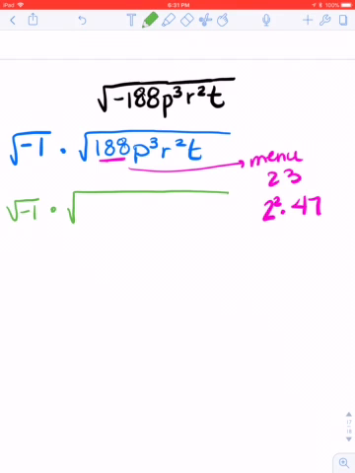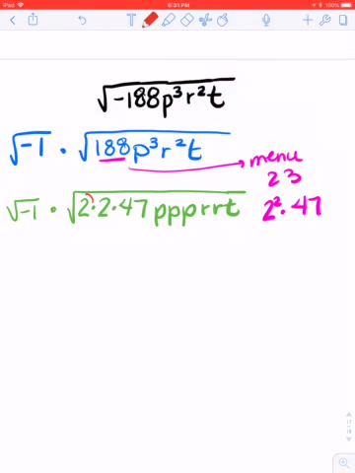So the 188 is going to be 2 to the second, so 2 times 2, and then the 47. And then I'm going to take this piece right there with all of the variables, and I'm going to expand it. So p to the third, because there's 3 of them now. R to the second means that there's 2 r's and a t.